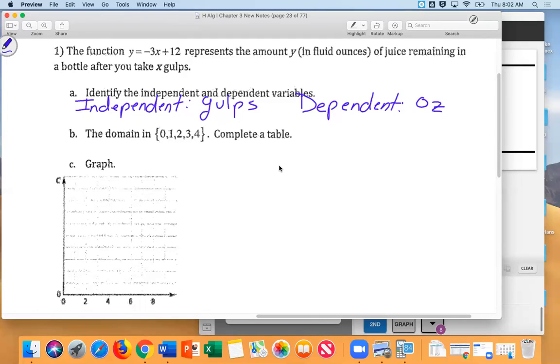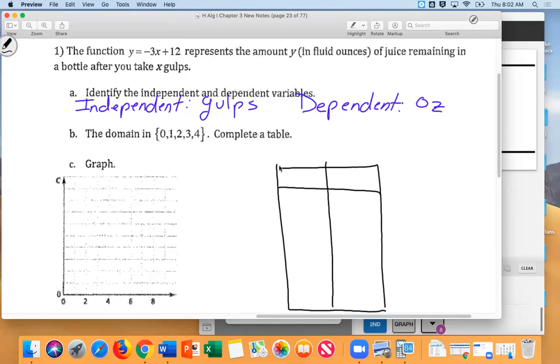Now, how do I create a graph for this? Well, I kind of need to create a table first. So everybody create a table. You're going to have two columns.